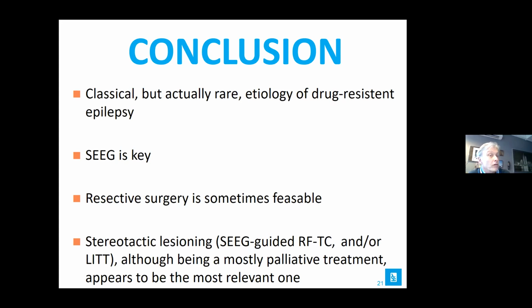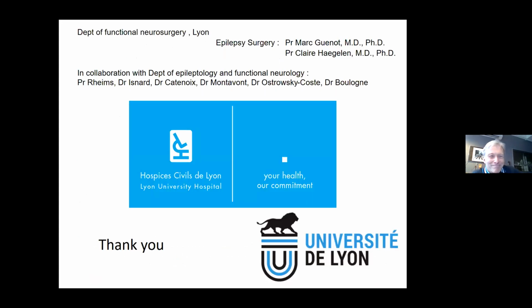Resective surgery, which is a classical procedure, is often feasible depending upon the SEEG data, but stereotactic lesioning procedures consisting of either thermo-SEEG and/or laser therapy, although, to my mind, being only a palliative treatment, appear to be the most relevant therapeutic option. And I thank you for your attention.